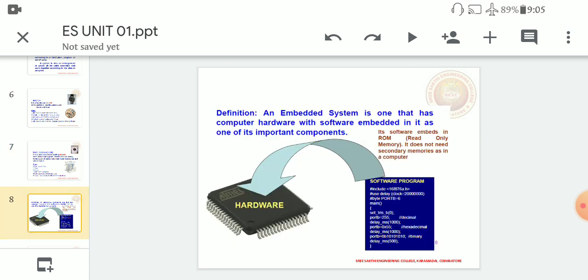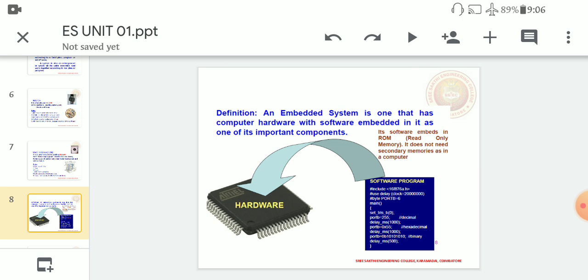And this is how an embedded system comes into the picture. An embedded system has computer hardware and software embedded into a component. So here we have a hardware component and software coding.